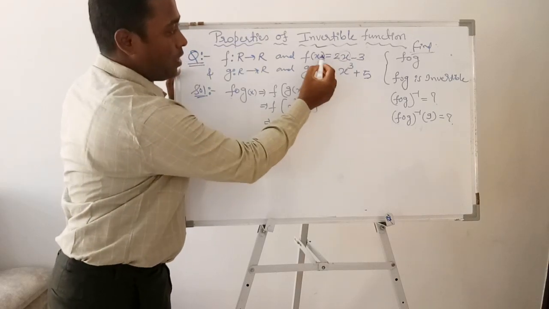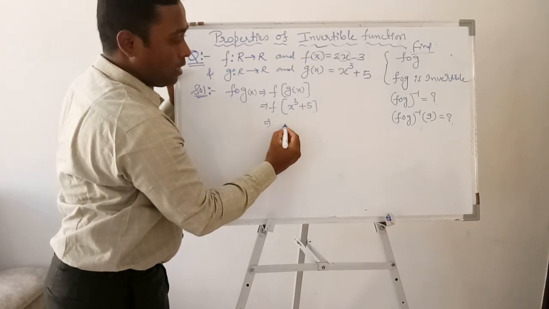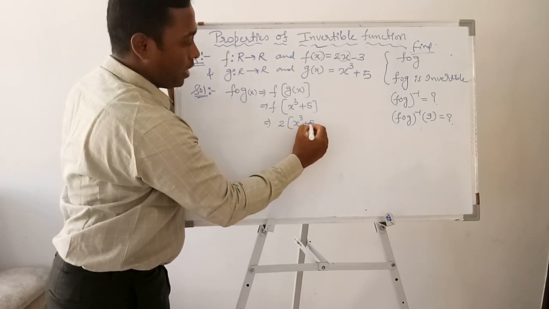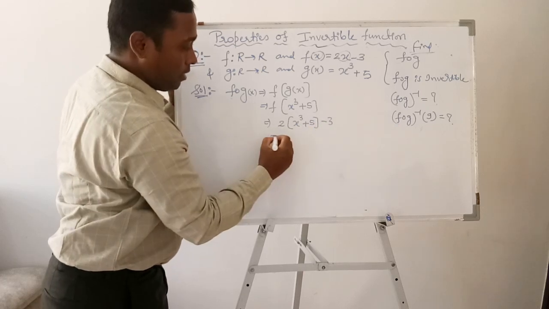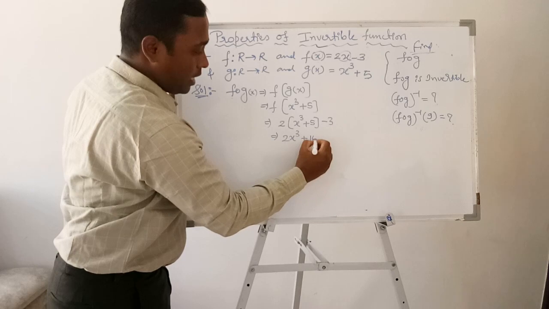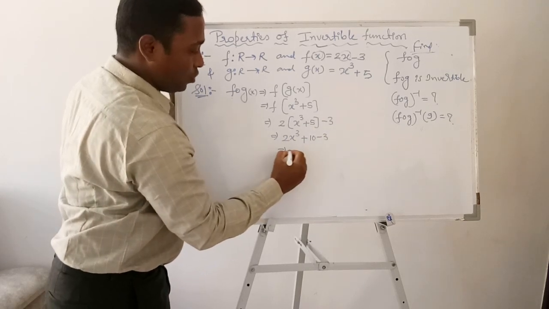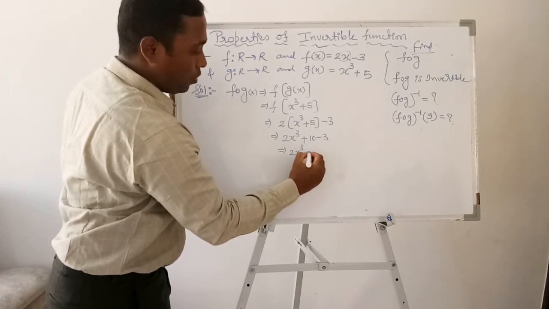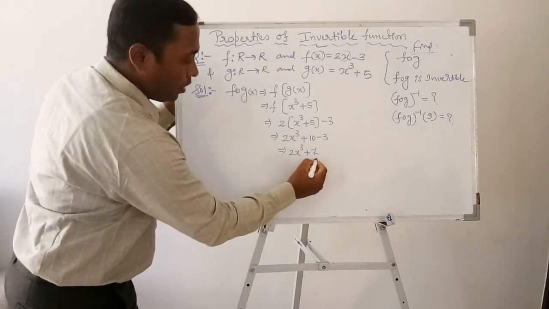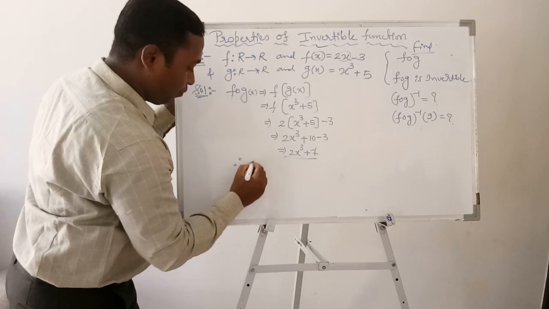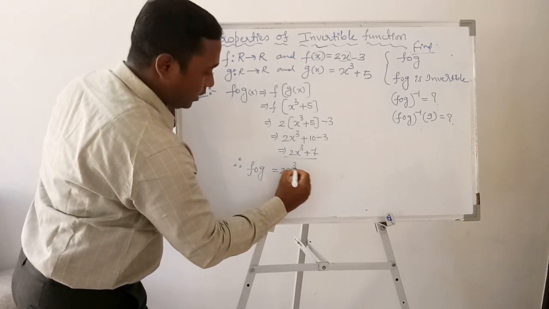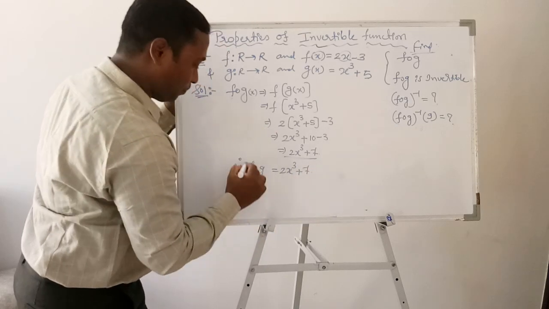In place of x we are going to substitute this function, so we can write it as 2 times x cube plus 5, minus 3. So the function we obtain is 2x cube plus 10 minus 3, which reduces to 2x cube plus 7. So this is the fog function we got. Therefore fog of x is given as 2x cube plus 7.